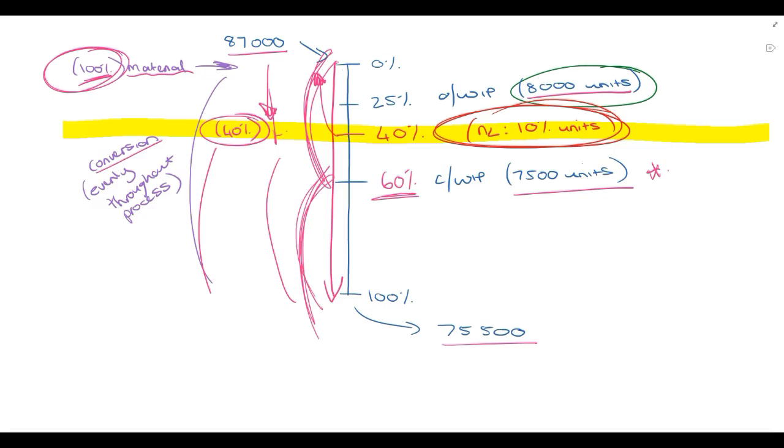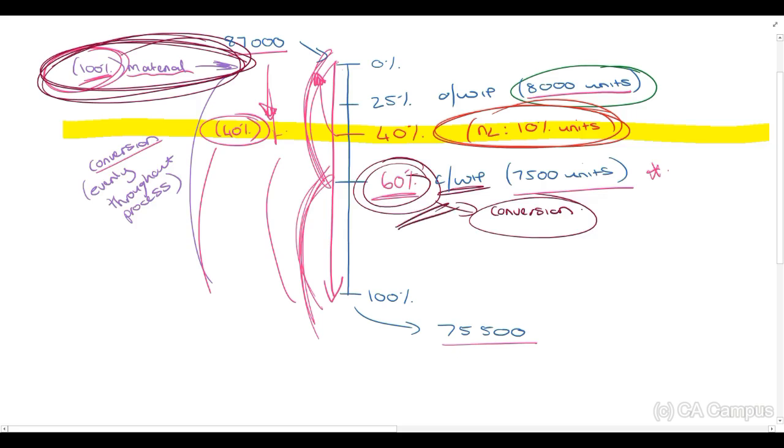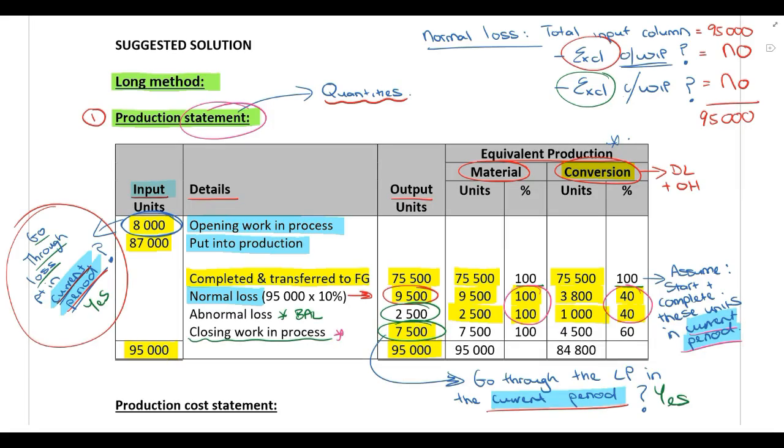But what's important to note again is that I've done 60% of the work in terms of conversion, while for material I've already done all of the work, because all of the material is added up front at the beginning of the production process. So these units sitting in closing work in process are 100% complete in terms of material and only 60% complete in terms of conversion costs. And that's where that is coming from over there.